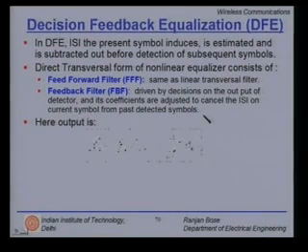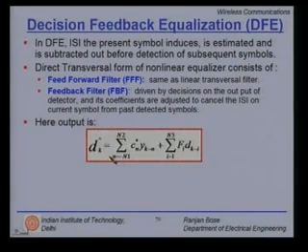For DFE, the output is given by d hat k equal to the summation, n equal to minus N1 through N2, of complex weights multiplied by the appropriately delayed input, plus the feedback filter coefficients Fi multiplied by d k minus i.